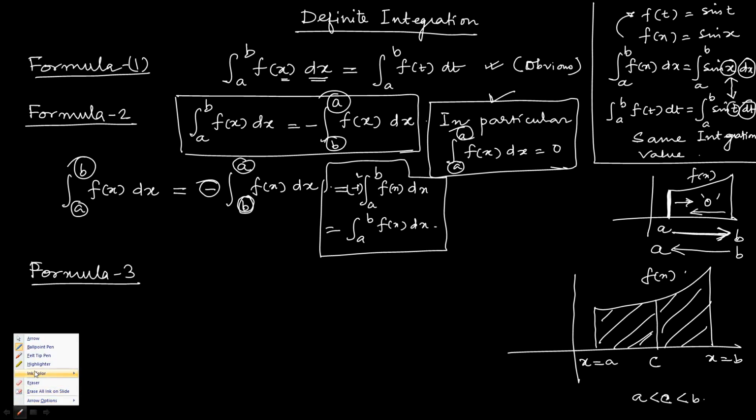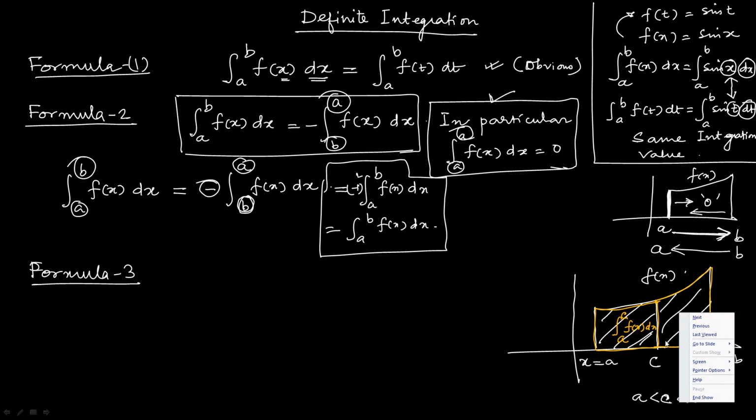So this side's area, only this portion, will be a to c f(x) dx. And the remaining area, from this side to this side, will be the integration c to b f(x) dx.